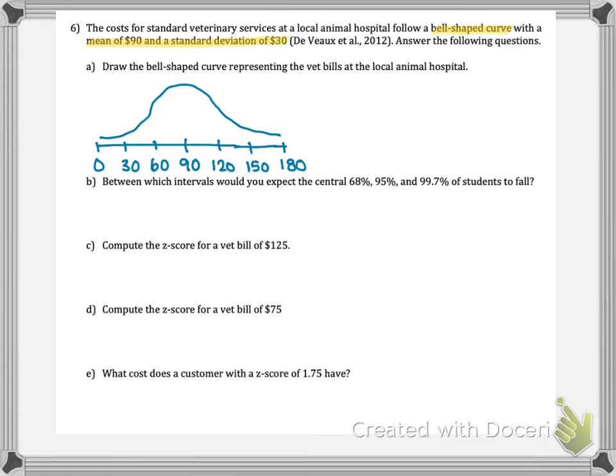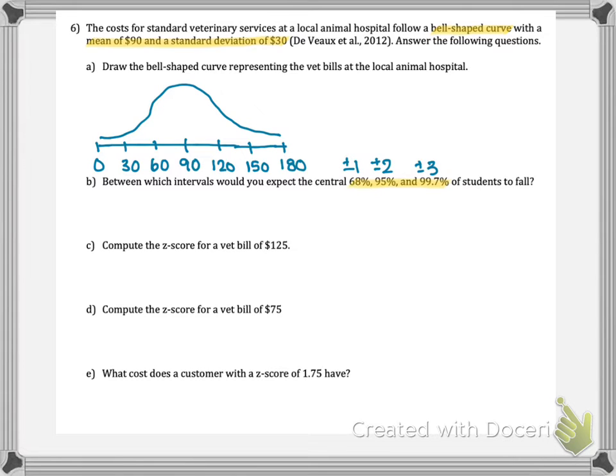Now we are asked, between which intervals will you expect the central 68, 95, and 99.7% of students to fall? That information requires us to understand that 68 is plus and minus 1 standard deviation away from the mean, 95 is plus and minus 2 away, and 99.7 was plus and minus 3 standard deviations away.